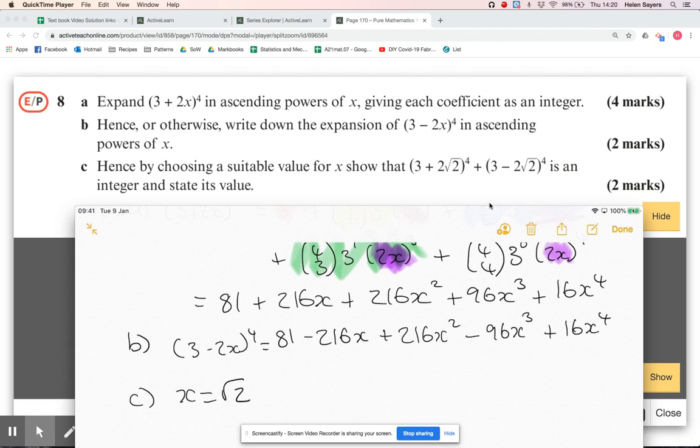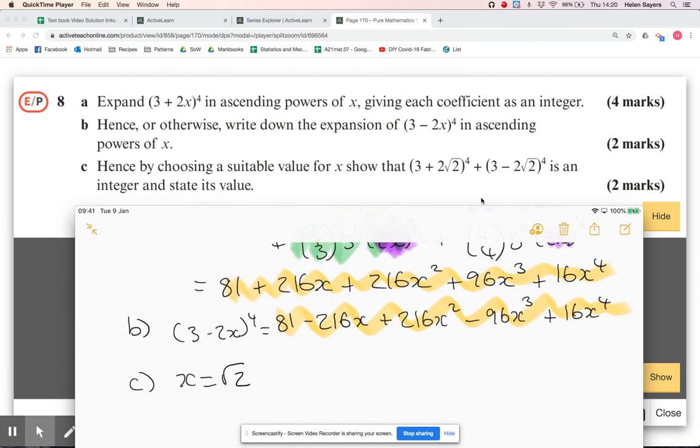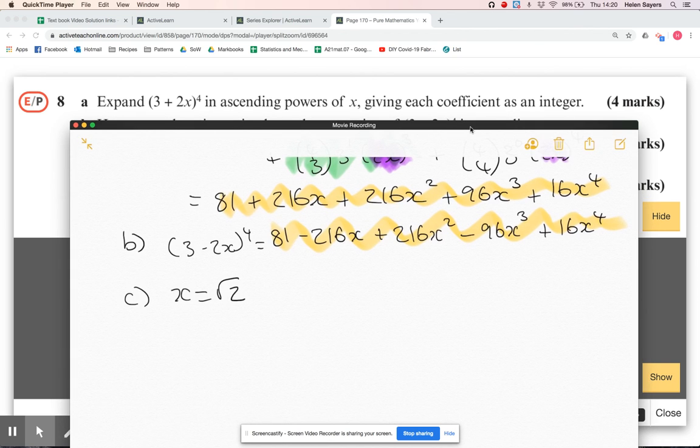Let's go back to our expansions for each of those and think about what is going to happen if we add them. I will have 81 plus 81 for the constants. When I look at the x terms, I've got plus 216x minus 216x, so they're cancelling.